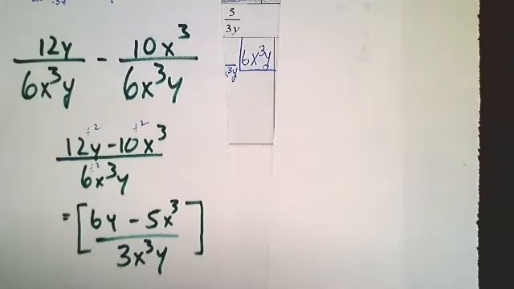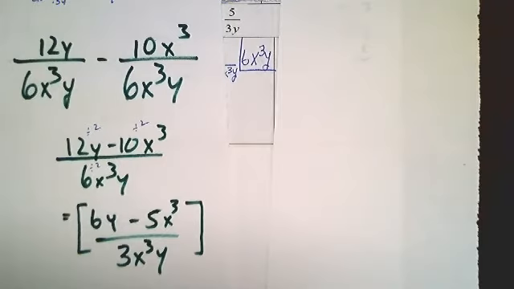Good. You should have had right here 12y minus 10x cubed over the denominator. Then you got only 12y. So then you divide the 12 by 2, divide by 2, divide the 6 by 2. If you're going this into a 6, you multiply by 3.